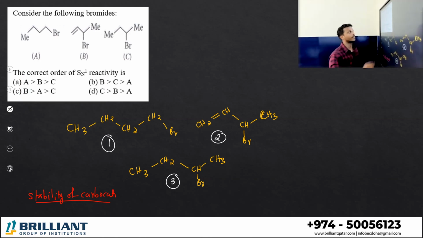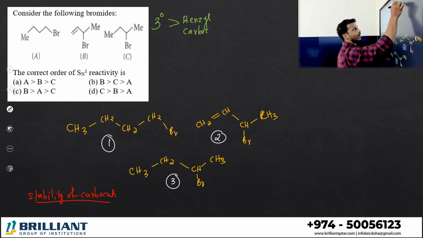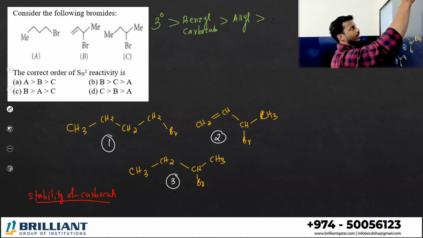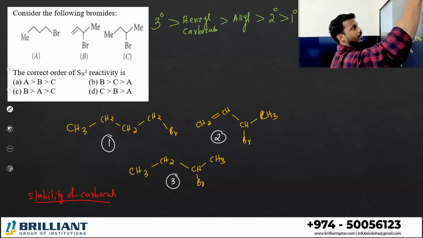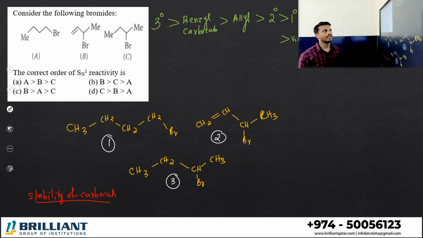Stability of carbocation is in the order: tertiary greater than benzyl, greater than allyl, greater than secondary, greater than primary, greater than methyl, greater than vinyl. Vinyl is the least stable carbocation.